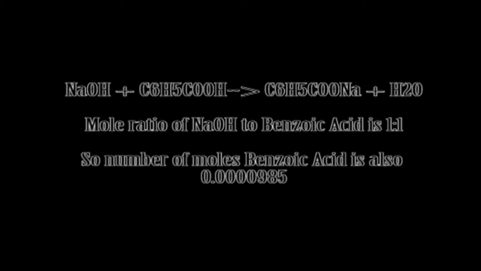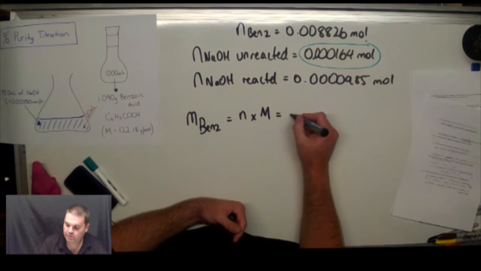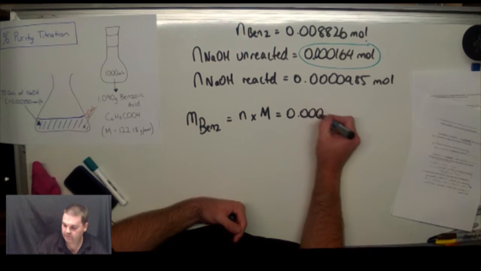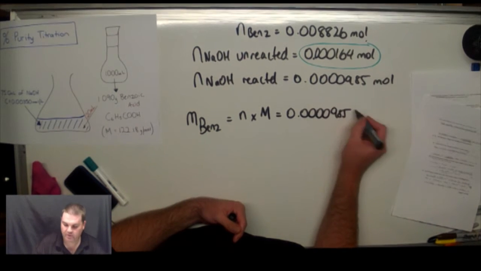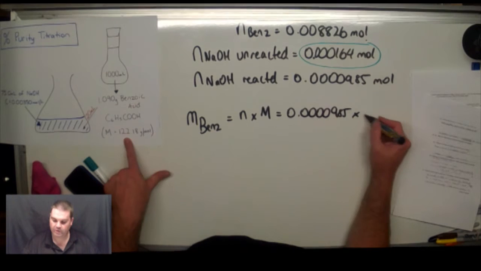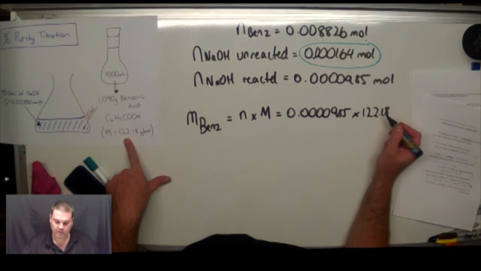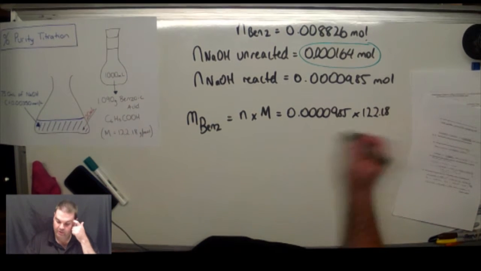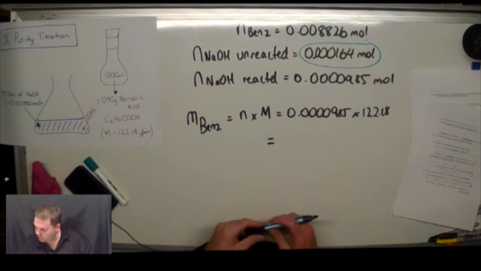To get our mass of benzoic acid, and I apologise that my voice is starting to go, mass equals number of moles times molar mass. So 0.0000985 times the molar mass that we determined earlier, 122.18. We can work that out.